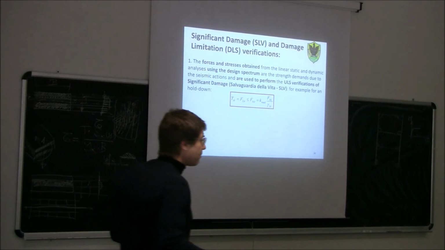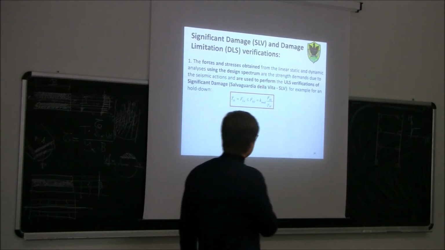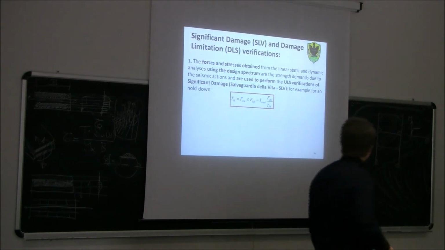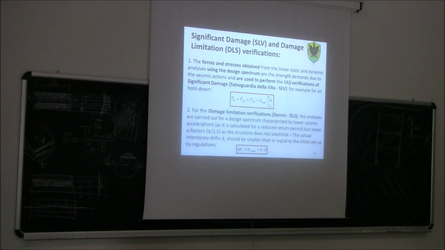One is an ultimate limit state, which is called significant damage, in Italian salvaguardia della vita, and based on your design spectrum, you basically go to the different members of your structure, for example, a node down, you calculate the force demand in the node down, you compare it with the strength of the node down itself. So you do just a strength verification.